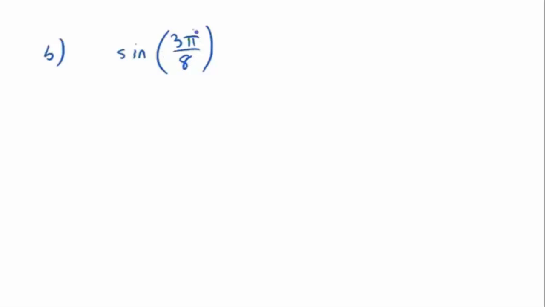However, 3 pi over 8 is not a special angle. So I'm going to use a trick, just like I did in the last problem. I'm going to double this angle. So I'm going to take the sine of 2 times 3 pi over 8.